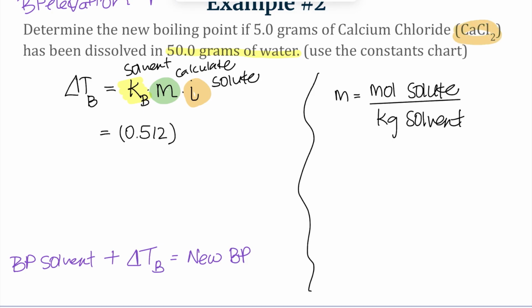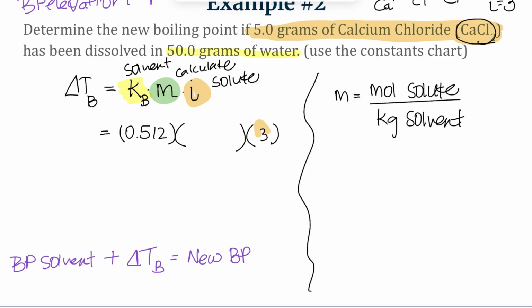So CaCl2 is our solute. That's how much is getting dissolved. So that calcium chloride, CaCl2, that's going to be 1 calcium ion, 2 chloride ions, so that's giving us an i of 3. So I'm going to calculate my molality, but I know my value of 3 is coming from the ions that it is breaking up into.